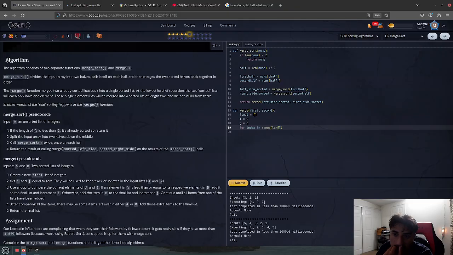Now we set i and j equal to 0. They will be used to keep track of indexes in the input lists A and B.